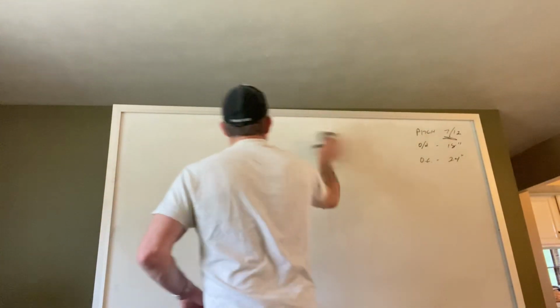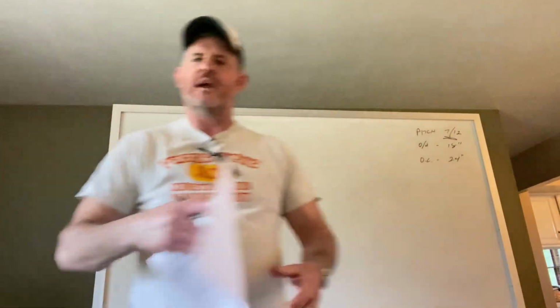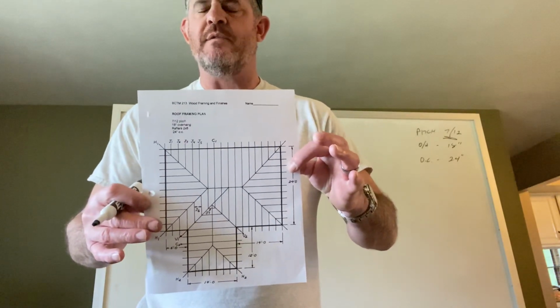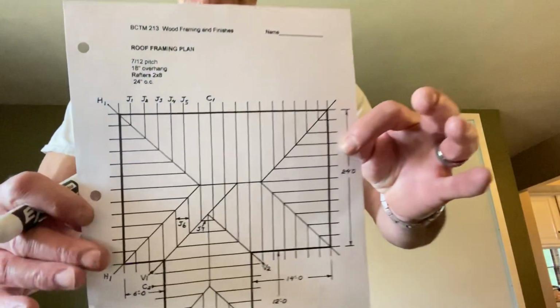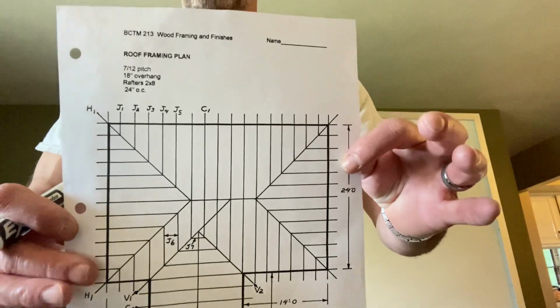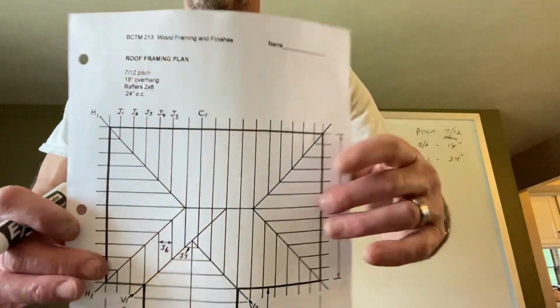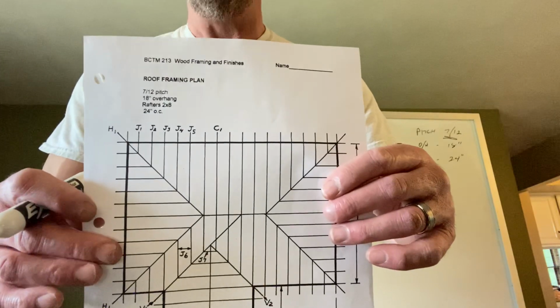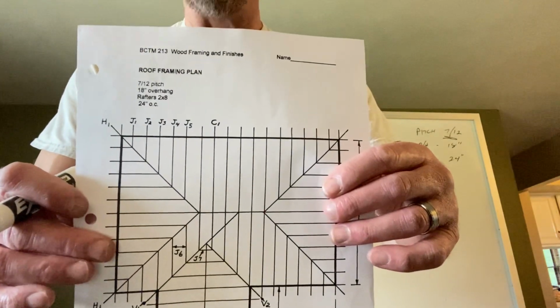So going back to our handout, again, we've got a roof plan. Everybody refer back to this. We see that our span is 24 foot. We know all of our other criteria up here. It's a 7/12 pitch, 18-inch overhang, 24 inches on center.